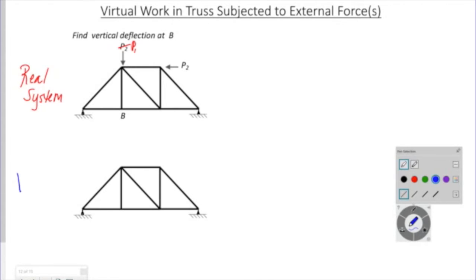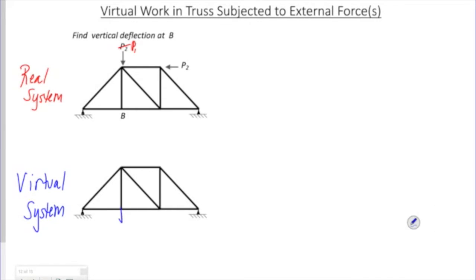And this is my virtual system. And I'm going to apply a unit load at B in the direction that I think it's going to deflect.